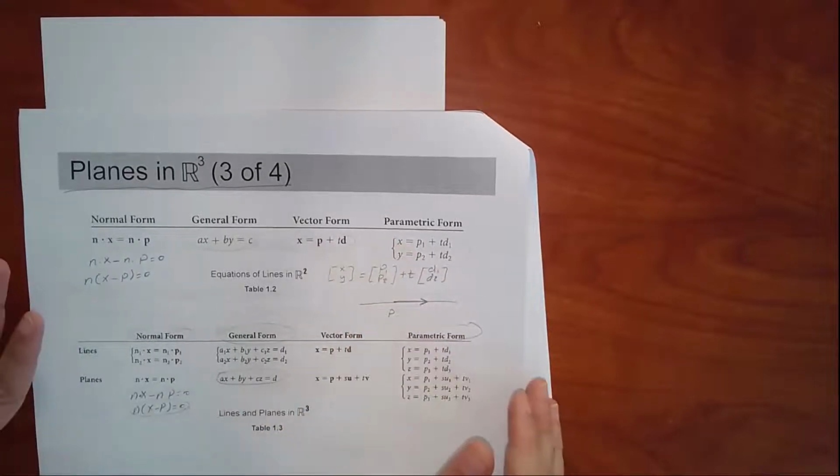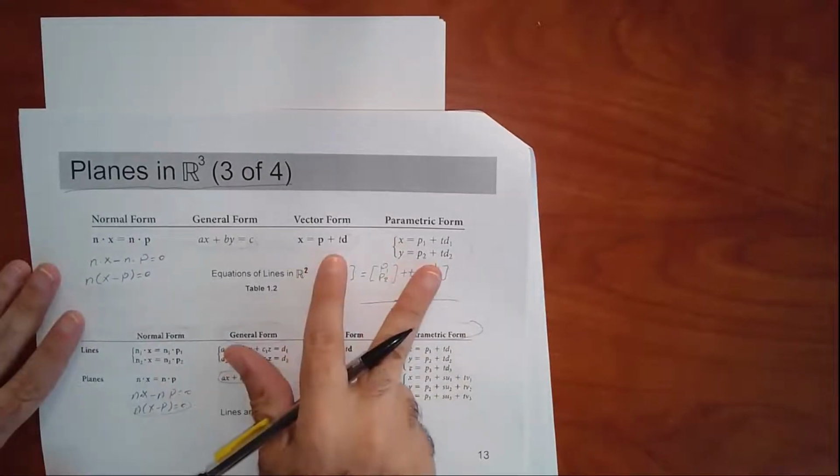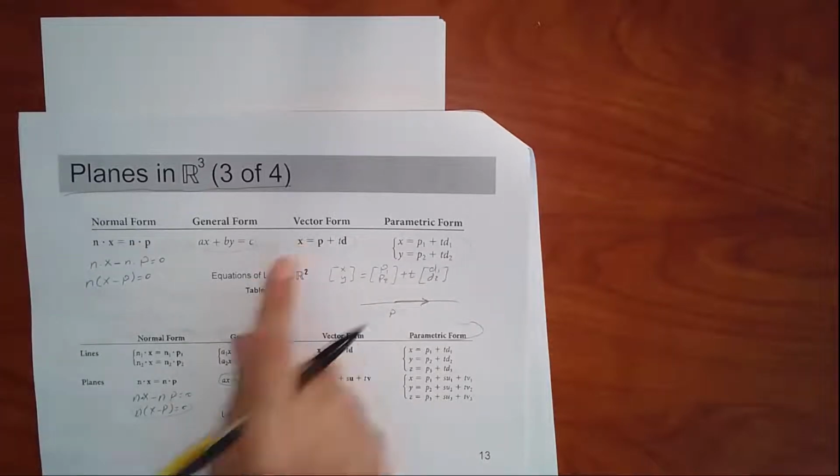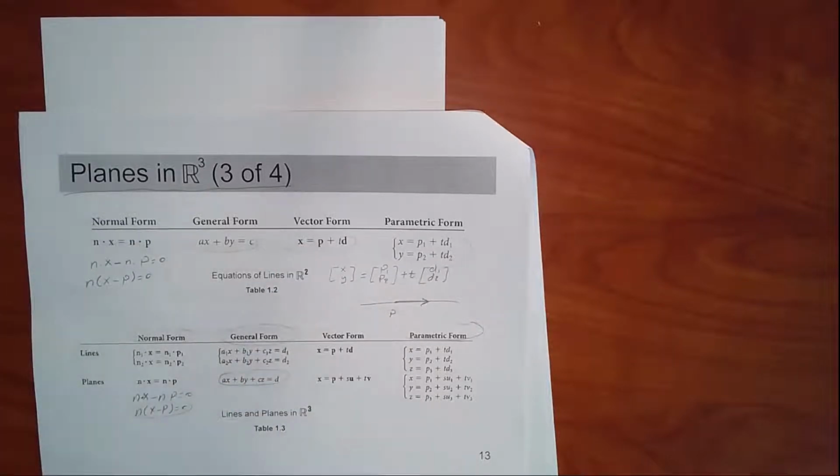Because on the test, you have to know these forms. Vector form, here is x, which is just xy. If you look here, here is the xy. P is going to be 1, 0. So 1 here and 0 here. T, and here is the D. This is D1, -1, and D2 is going to be 8.